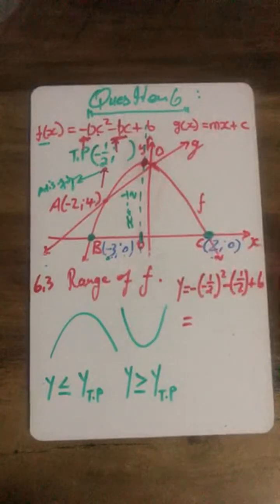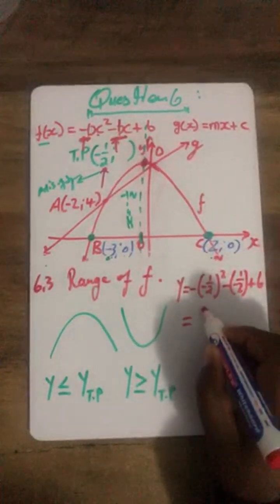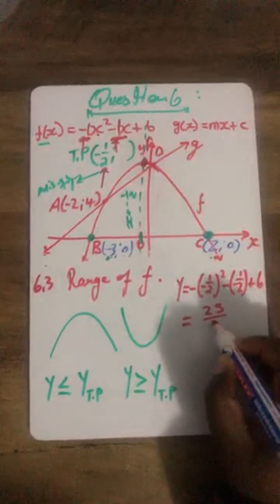You must close, you square that, and then you say minus negative a half, you close, and then you say plus 6. You get 6 and a quarter, or otherwise 25 over 4.